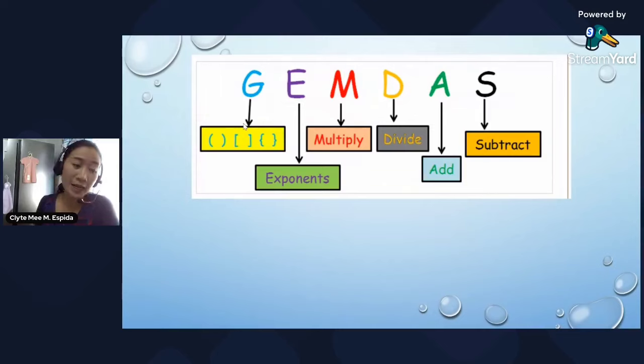We're also using brackets and braces. So we use G as grouping symbols. Then E stands for exponents, M for multiply, D for divide, A for add, and S for subtract.